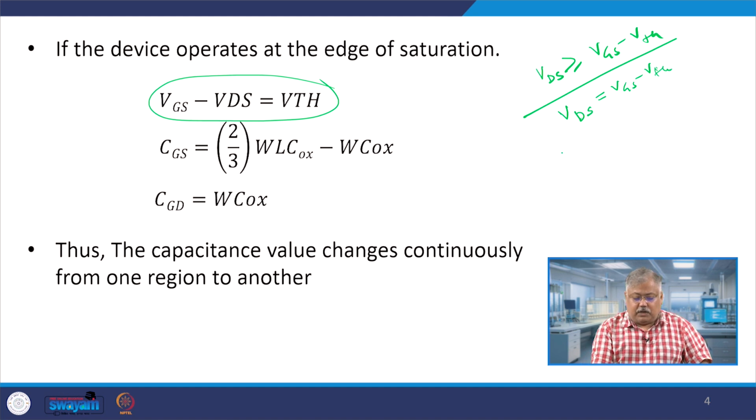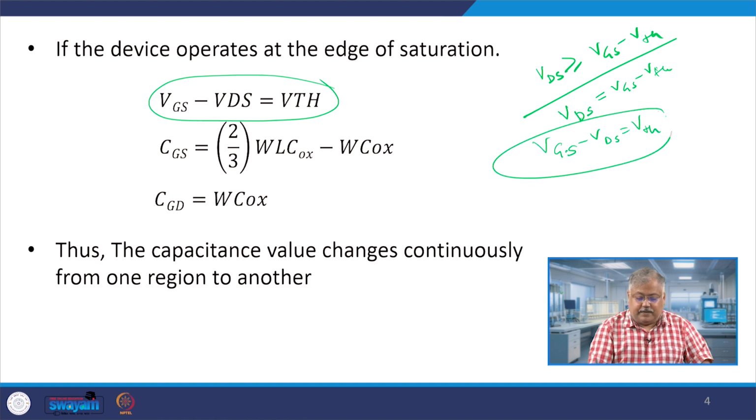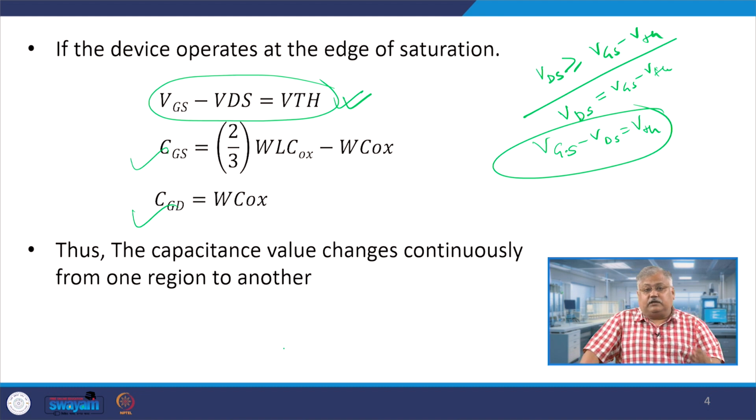And therefore, with appropriate change, I will get VGS minus VDS is equal to VTH, and that is what you are getting here. And you will get CGS to be equal to this much and CGD to be equal to this much, W times Cox. Cox is basically the charge capacitance per unit area, right. Therefore, the capacitance value goes on changing as you move from one region to another, from saturation to linear and so on and so forth.